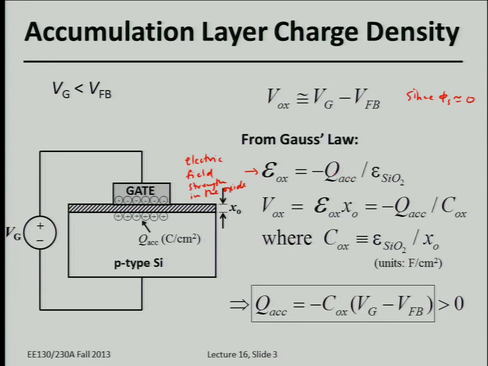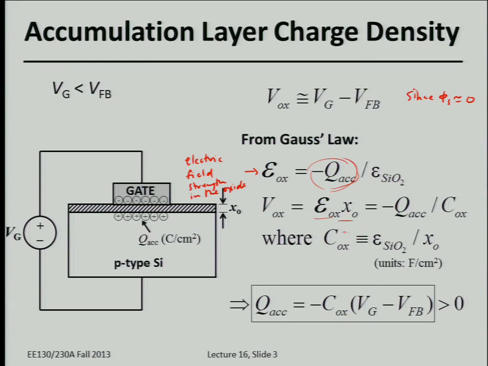The key thing is the total amount of charge in the silicon, which in magnitude equals the total charge in the gate. Divided by the permittivity of the silicon dioxide, that gives you the electric field strength. To get the voltage drop across the oxide, we multiply the electric field by the thickness of the oxide.